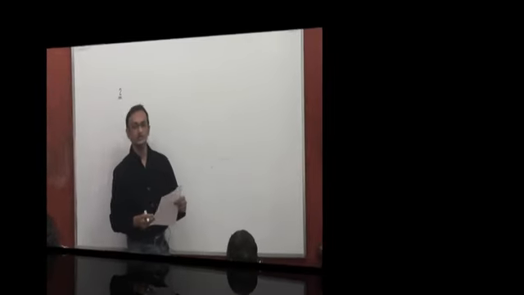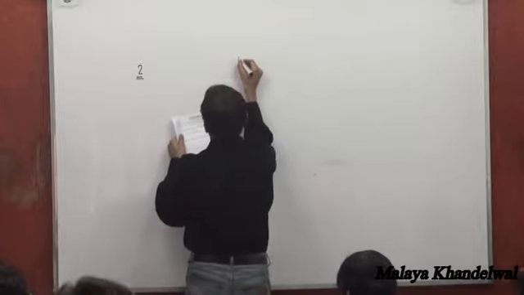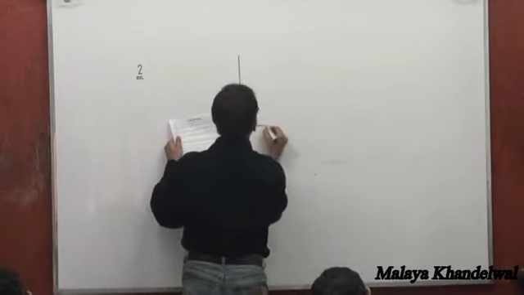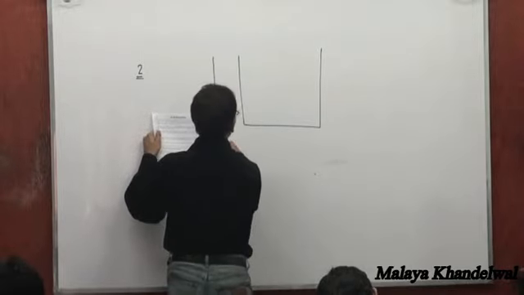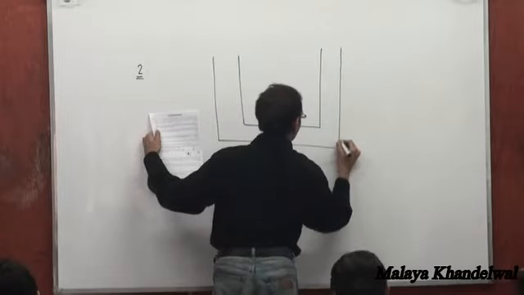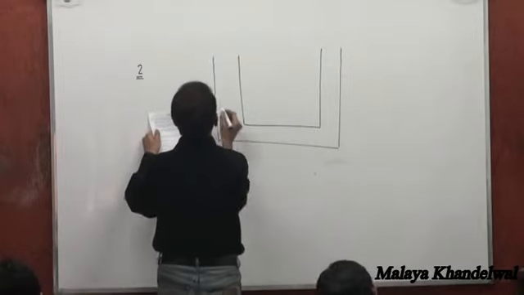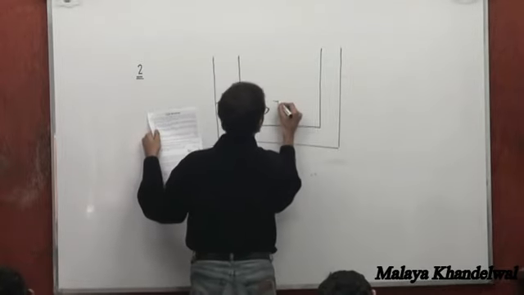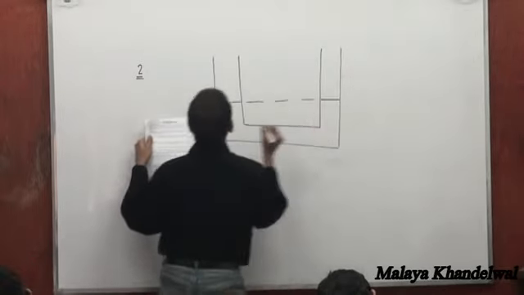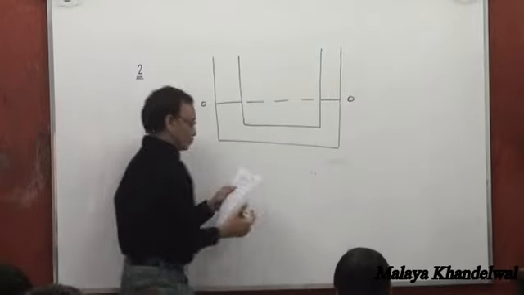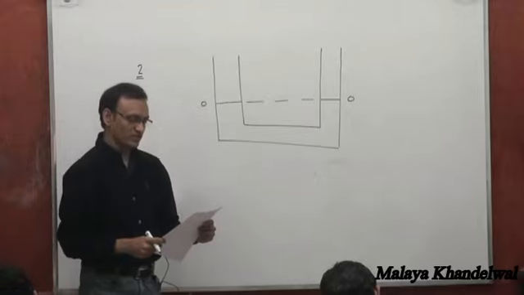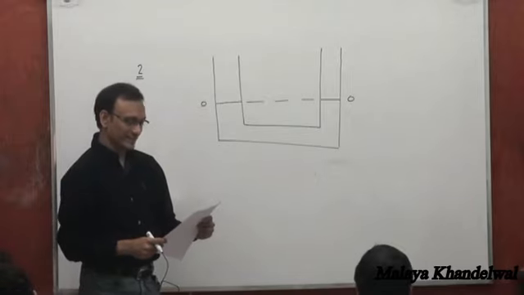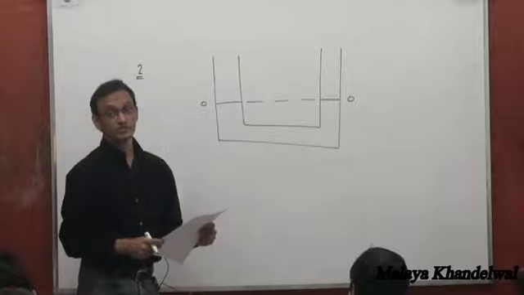The tube is partially filled with water. Another liquid which is not miscible with water is poured in one arm. This was the water level initially. Another liquid not miscible with water is poured in one arm until it stands at a height d above the original level.